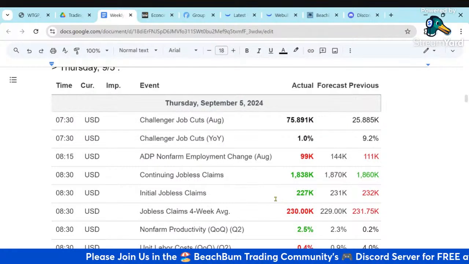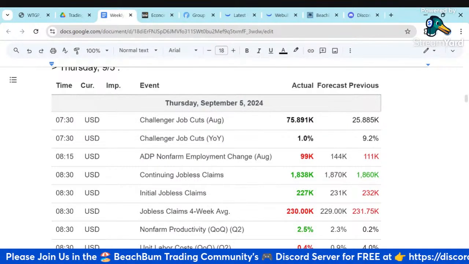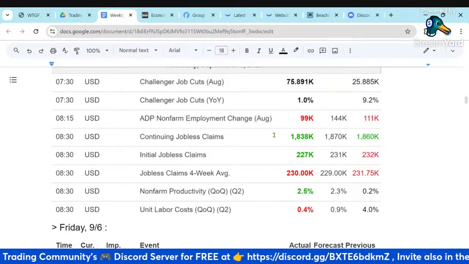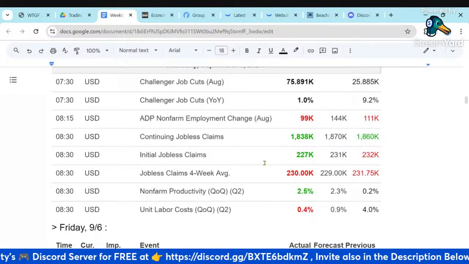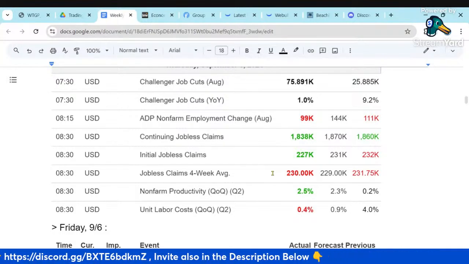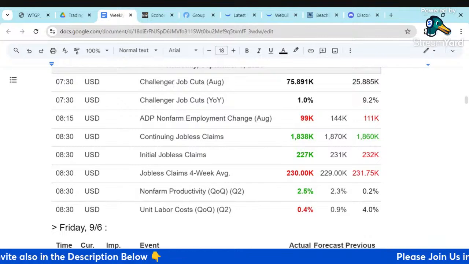Initial claims were lower than expected, so fewer people losing jobs. Continuing claims lower than expected, so people are still finding jobs.